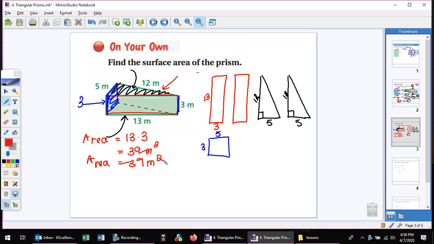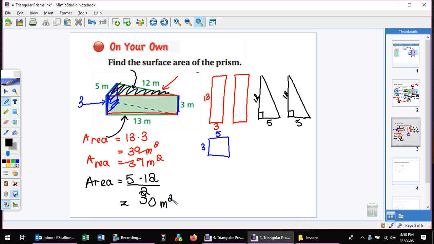All right, so I've got 2 of those, and then I'm moving to the black. So the black is, ooh, a triangle this time. So it's a base of 5 times a height of 12 divided by 2. So that's going to be 60 divided by 2, which is 30 meters squared.